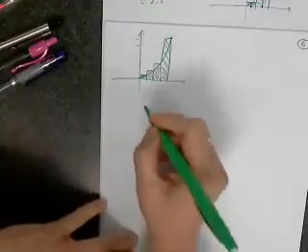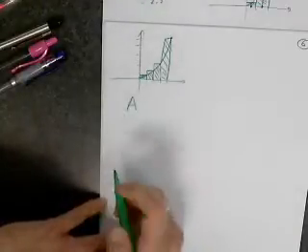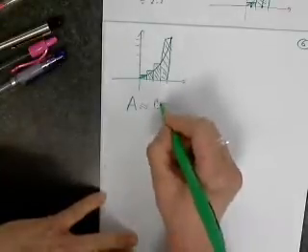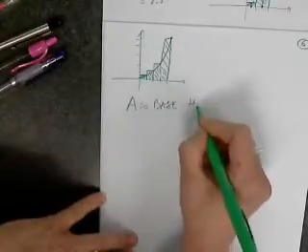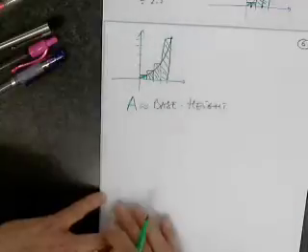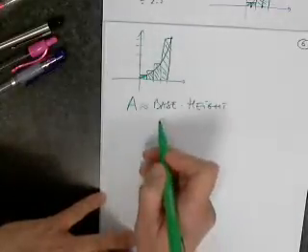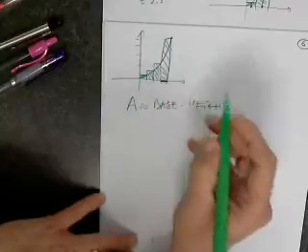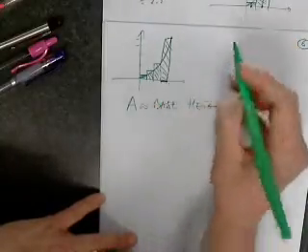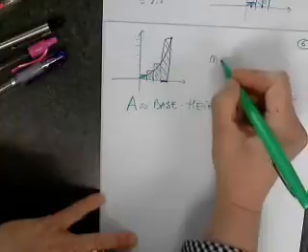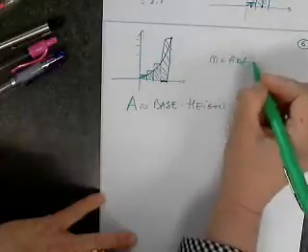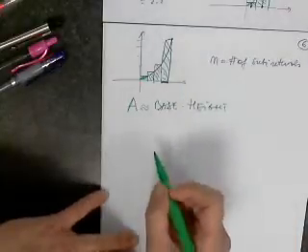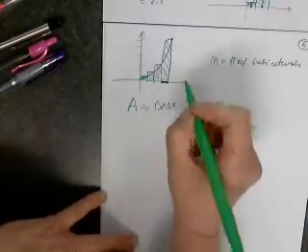So how do I determine the area? The area is approximately base times height. What is the base, first of all? Here's how we determine the base. If I am told n is the number of subintervals, how do I determine the width of the subinterval?